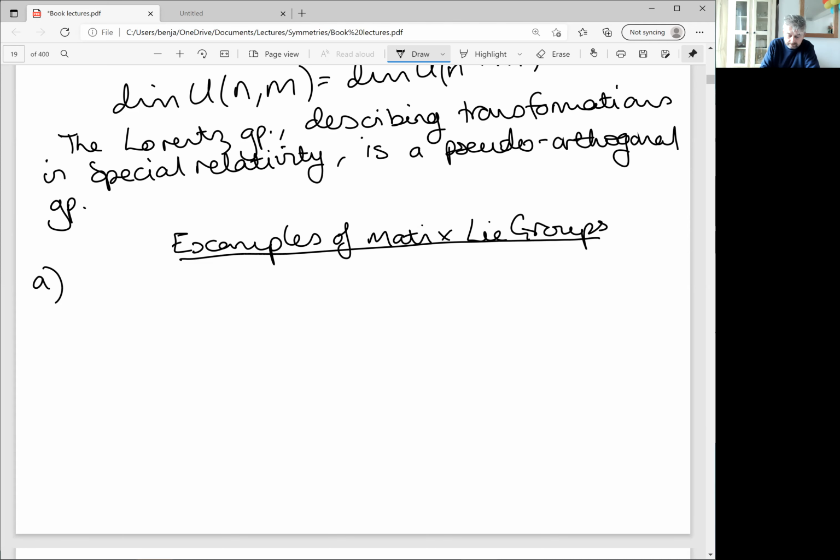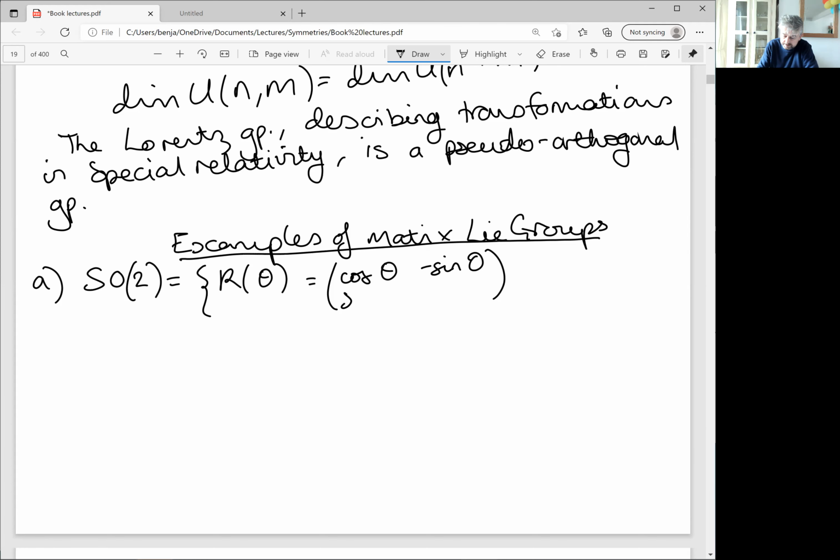Firstly, let's take SO(2). These are the matrices which depend on a parameter theta. We can describe it in the following way. It's a 2 by 2 matrix, we have the following entries, and theta varies between 0 and 2 pi.